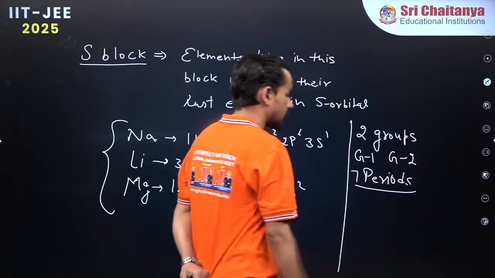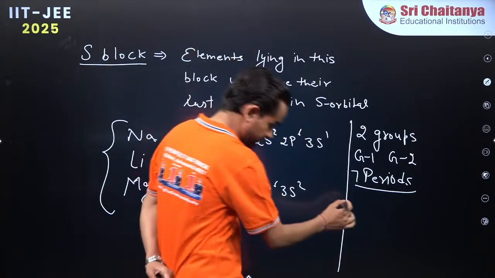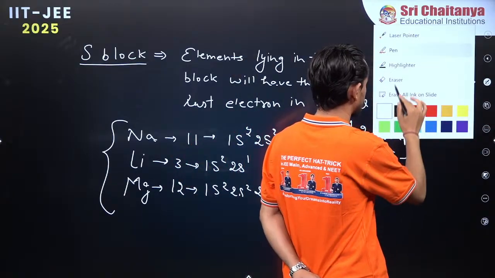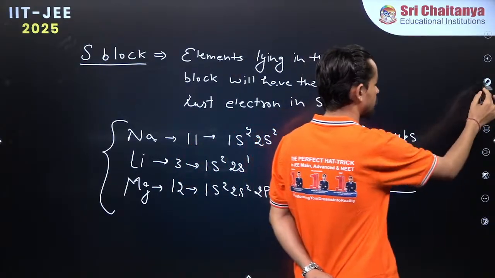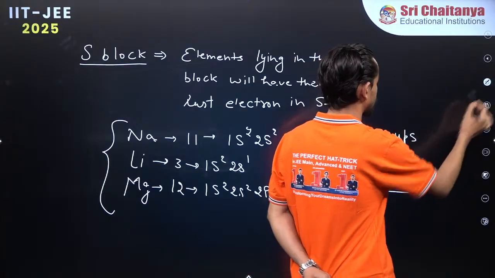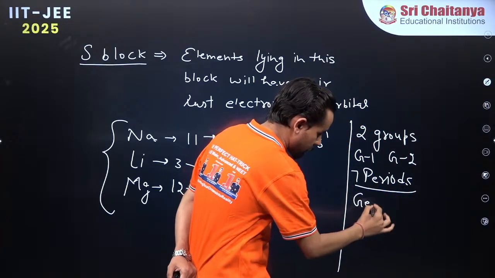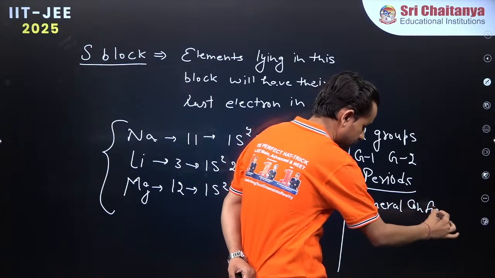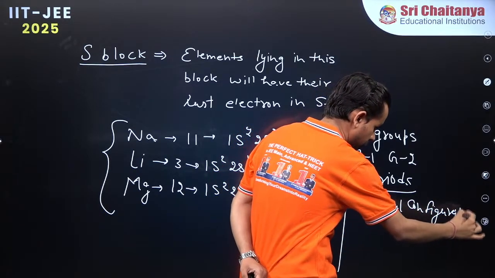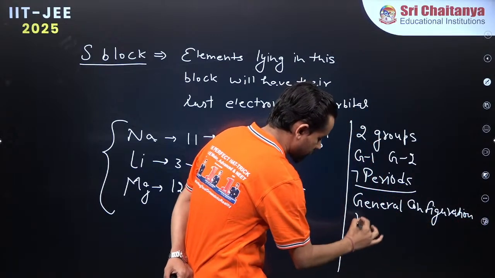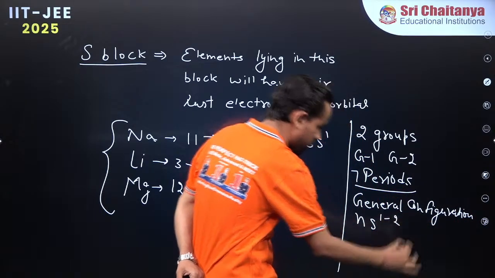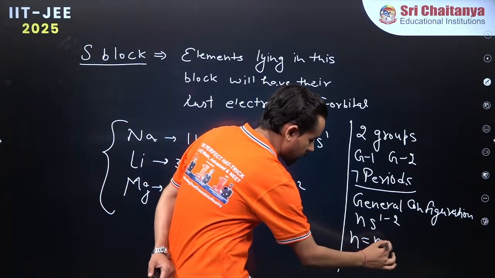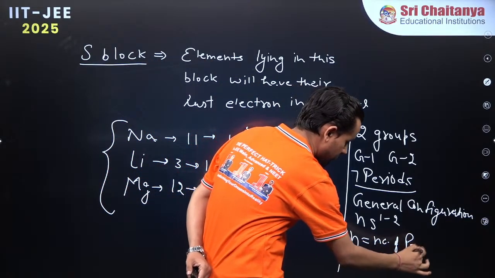Its general configuration is ns1 to 2, where n represents the number of the period.